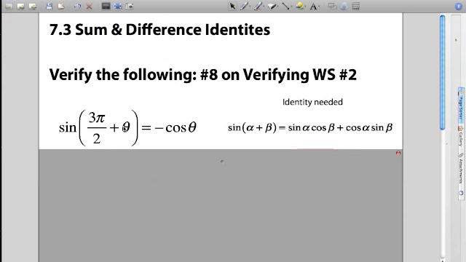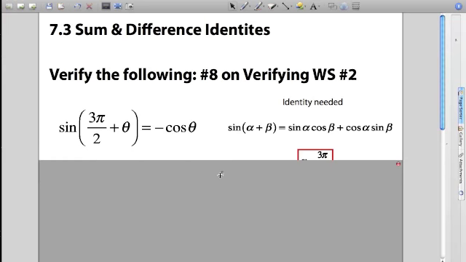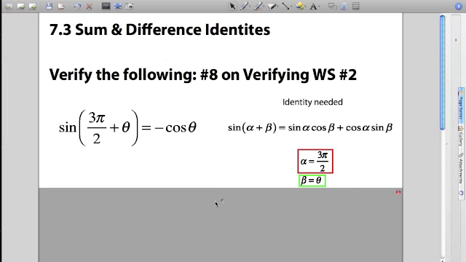If we apply this, we look at 3 pi over 2 as my alpha, and then beta is my simple theta. Theta is still a variable, but that's okay. On my other side, you still see a theta.